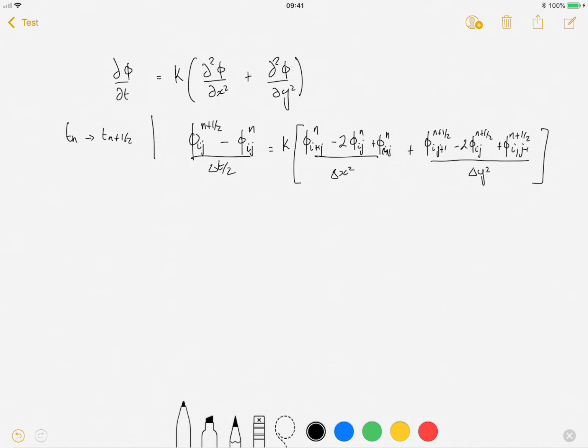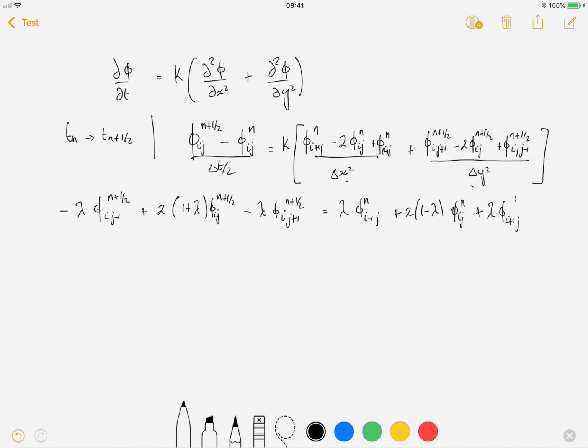And then that, for an equally spaced grid, so Δx equals Δy, can be summarized as −λφ_(i,j−1)^(n+1/2) + 2(1+λ)φ_ij^(n+1/2) − λφ_(i,j+1)^(n+1/2), which is equal to λφ_(i−1,j)^n + 2(1−λ)φ_ij^n + λφ_(i+1,j)^n.